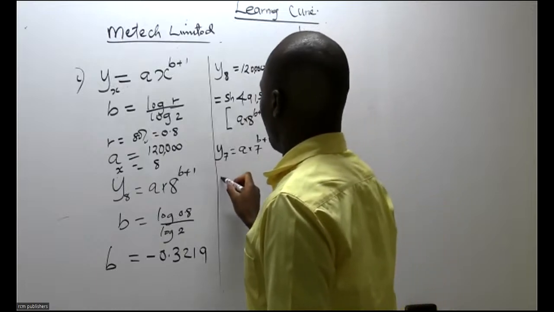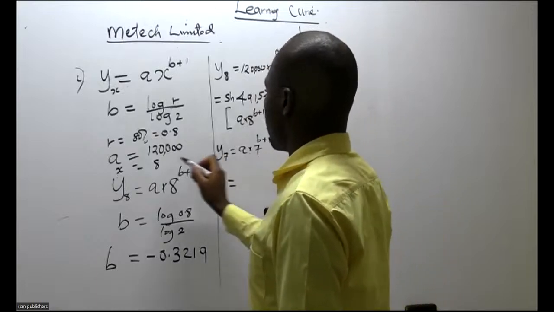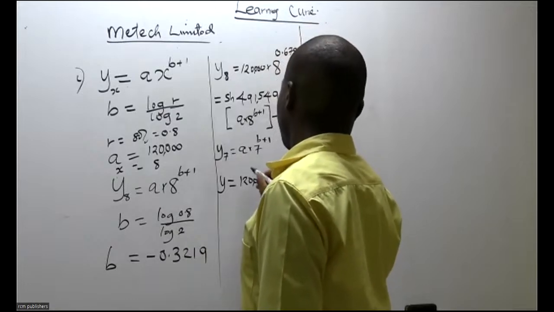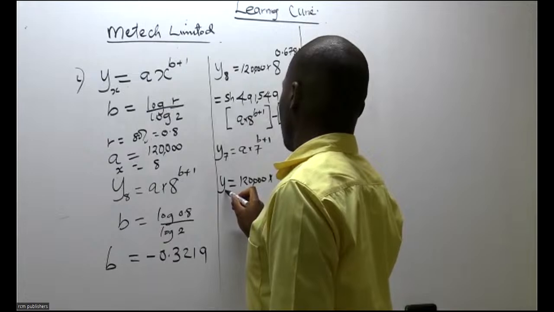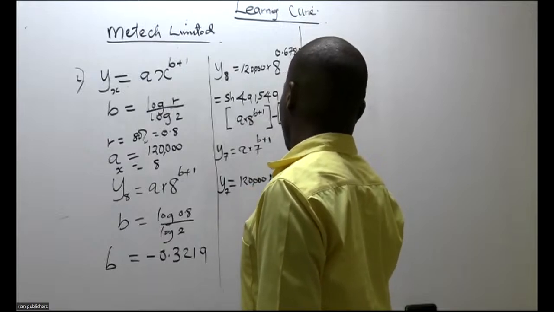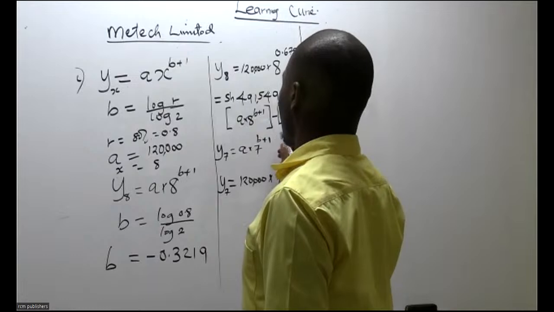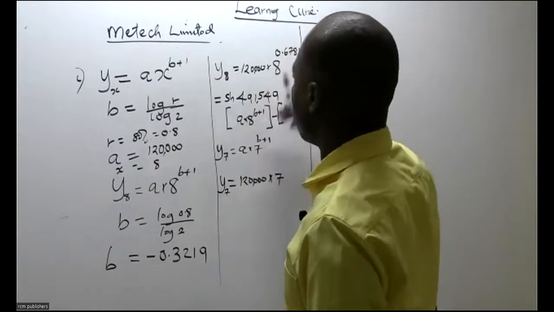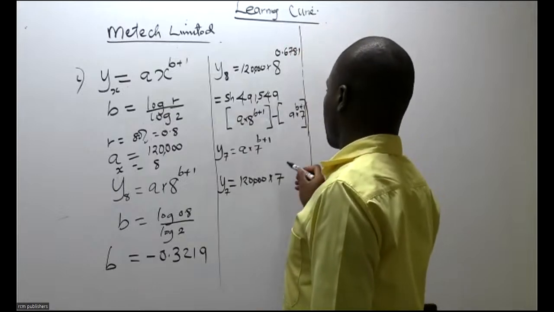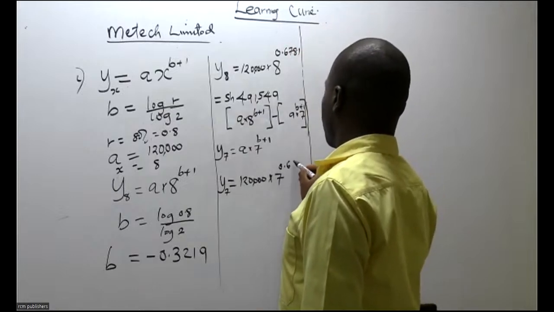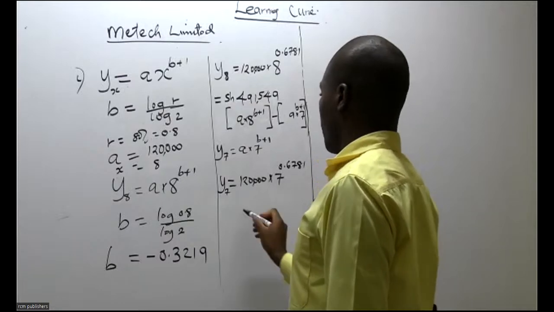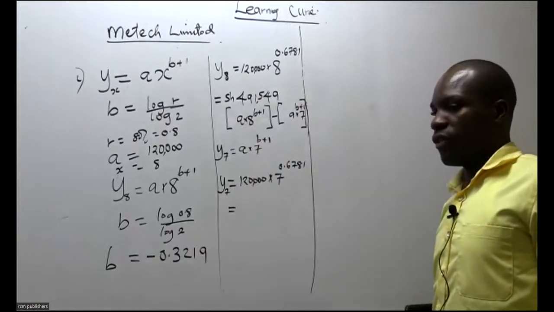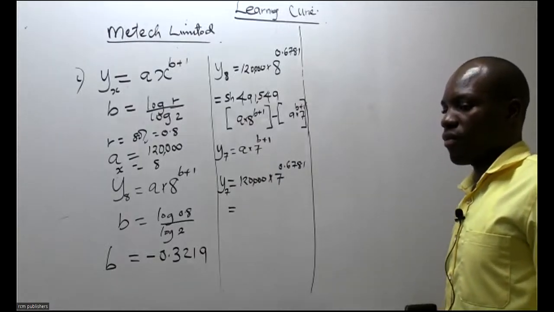Your y is equivalent to a, which does not change, times 7 raised to power b plus 1. Your b is this one here, plus 1 is giving us what is up there. So raised to power 0.6781. Then somebody should be able to give me the total for the first 7 batches.